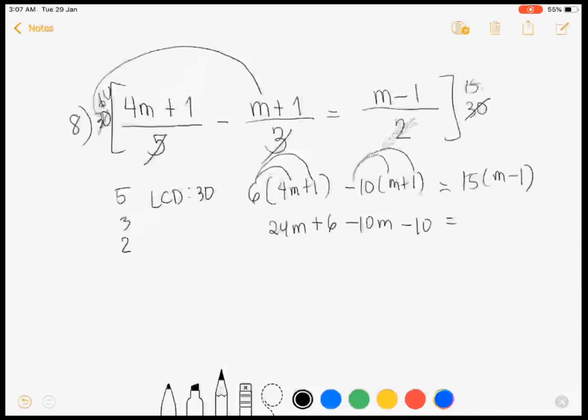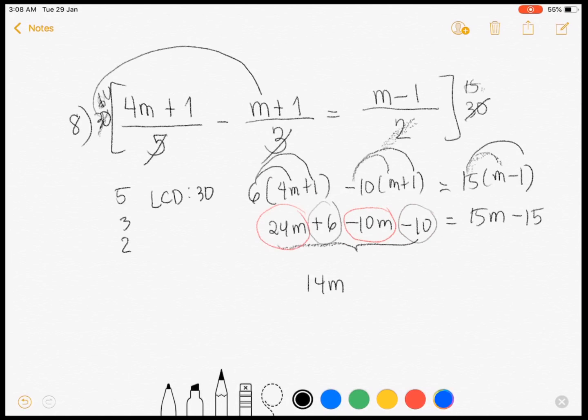Then the right side of the equation, we have 15 times m is 15m. And then 15 times negative 1 is negative 15. Okay. So pwede muna tayong mag-combine ng similar terms dun sa left side. So we have 24m and negative 10m. So we have 14m. And then yung constant, yung positive 6 saka negative 10, we have negative 4.